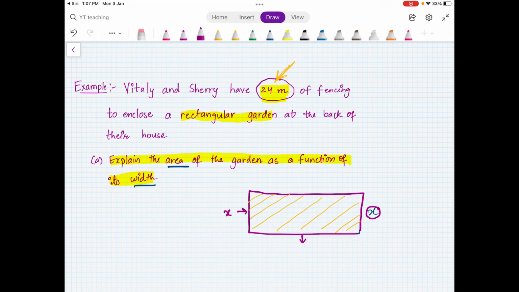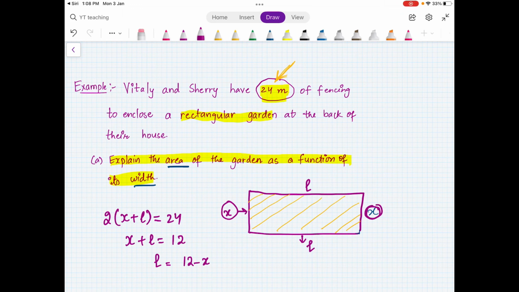So you will be left with 24 minus 2x, which is your length plus length, this length and this length. We want 2 times x plus L to be 24, because that is the total perimeter. So x plus L is 12, right? So your length is 12 minus x.